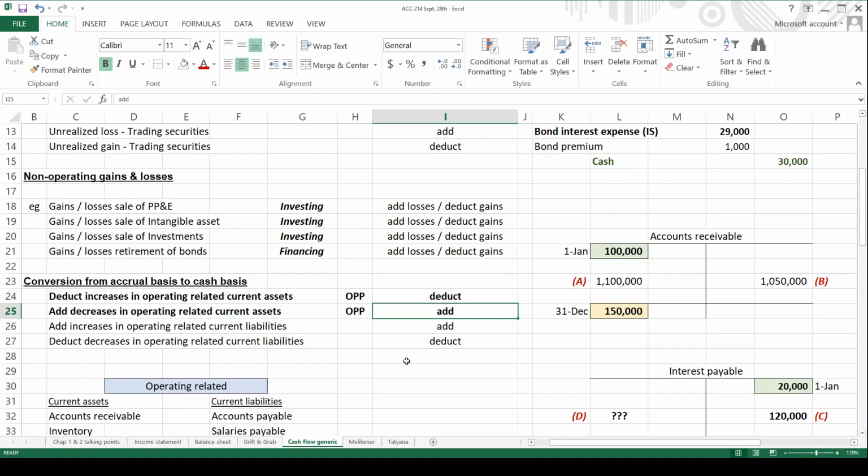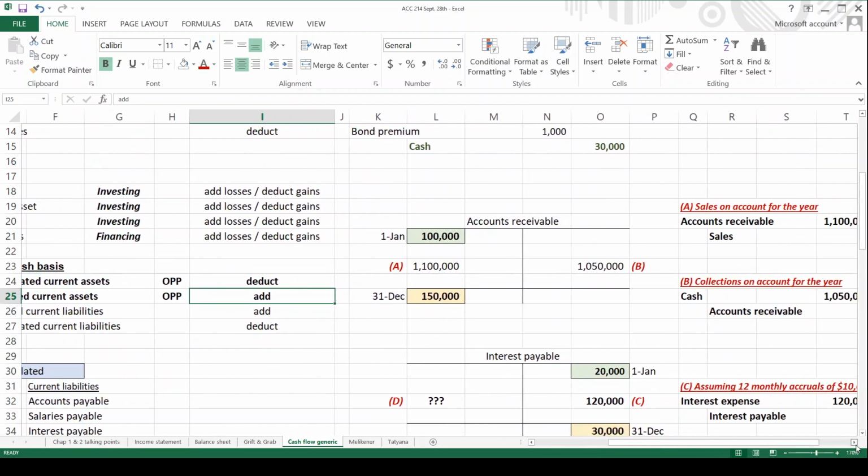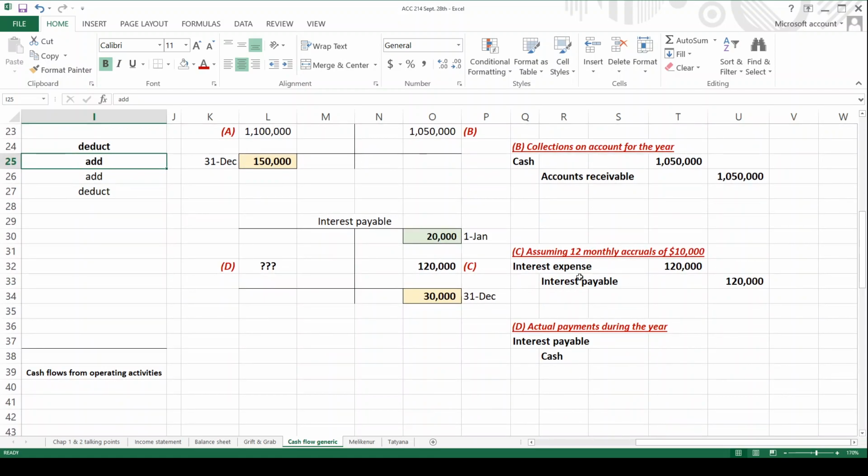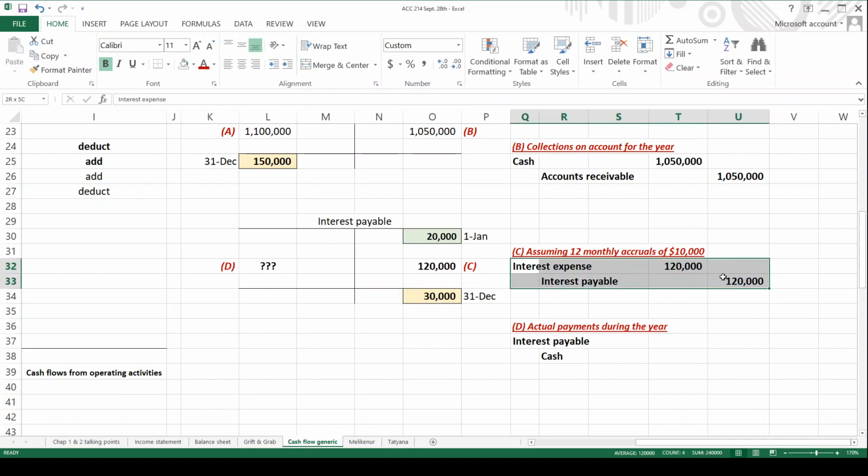All right, now for liabilities, got another little T-account deal going on here. So let's say that we had interest payable that went from $20,000 to $30,000 from beginning to end of year. And on the income statement, we find a number, and the number is, let's say, $120,000. So every month there's an accrual of interest, and it adds up to $120,000.